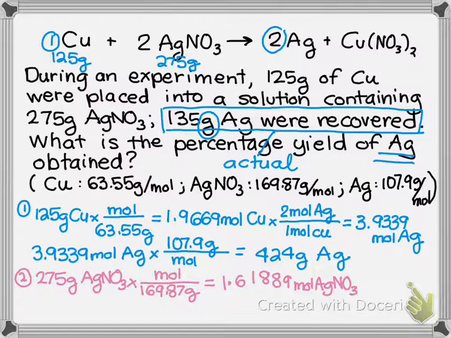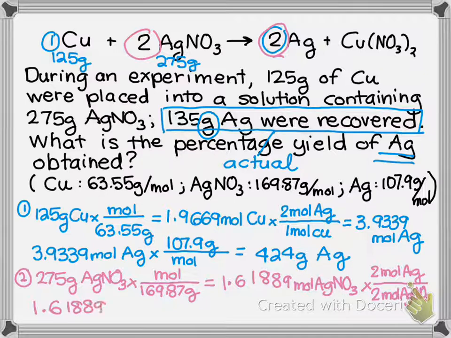And then I'm going to multiply by the ratio. Silver has a 2, so that goes on top. Remember, in both cases I'm trying to find silver so I can compare. Oh, the silver nitrate also has a 2. So it's a 1-to-1 ratio because they both have 2's. And so I'm going to get 1.61889 moles of silver.